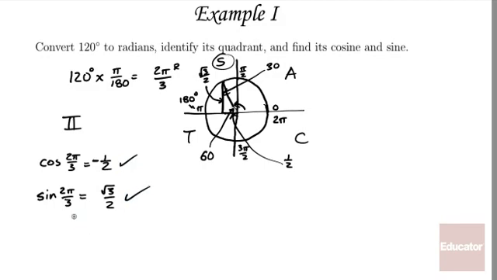So again, the whole point of this is that you only really need to memorize the values of the triangles: root 2 over 2, root 3 over 2, and 1/2. Once you know those basic triangles, you can work out what the sines and cosines are in any different quadrant just by drawing in those triangles and then figuring out which ones have to be positive and which ones have to be negative. Let's try another one.